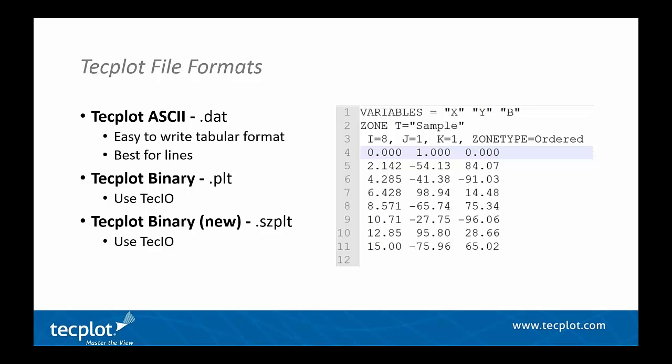This is a very easy to write tabular format, very similar to CSVs, with space or comma delimited, with a simple header that defines variable names, zone names, and then a little bit of information about the zone type. Unlike CSVs, you can have multiple zones in the same file, simply by putting the zone header multiple times in the file.